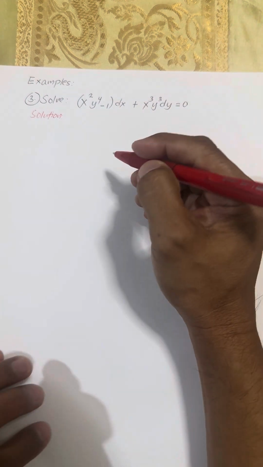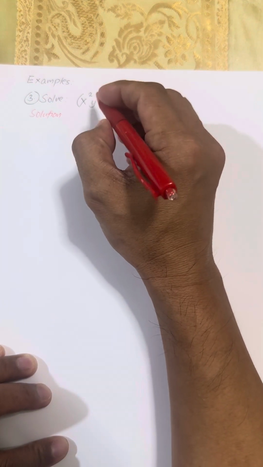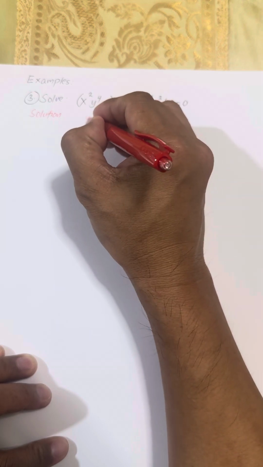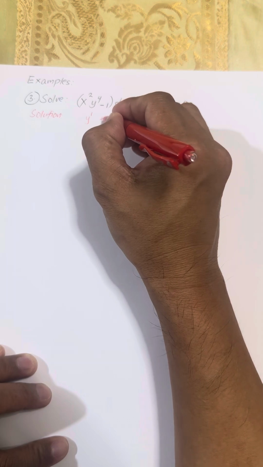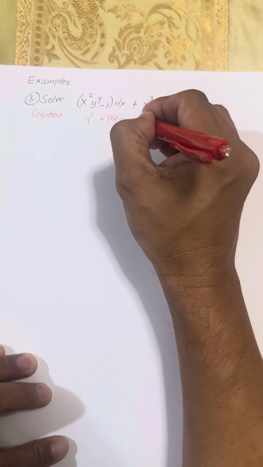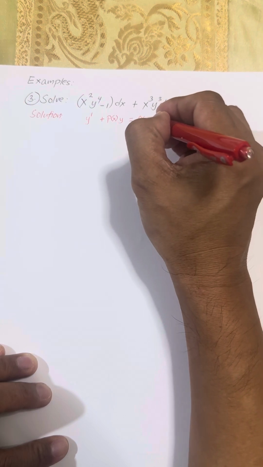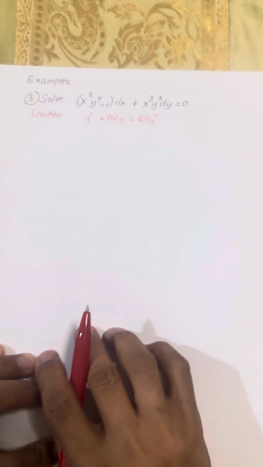Let's see if this is a Bernoulli equation. By looking at the given equation, at a glance, we can say that this is not really in the form of a Bernoulli equation, because a Bernoulli equation is given in this form: y prime plus a function of x multiplied by y equal to another function of x multiplied by y to the n, right?